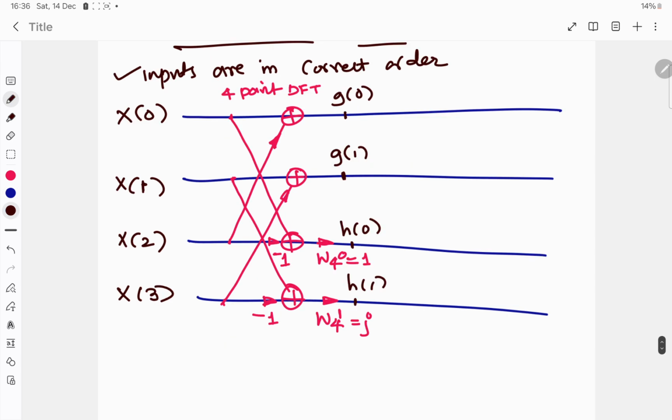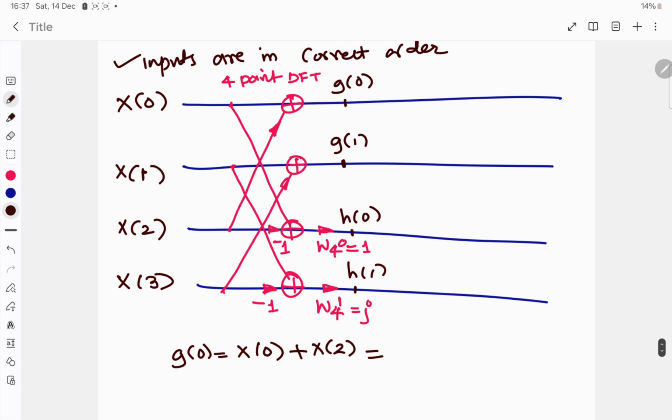Since it is inverse FFT, we follow the small letters g0, g1 for the first two and h0, h1 for the last two. We will try to find out the value of g0, g1. In this case, g0 is obtained by simply adding x of 0 and x of 2, and both coefficients are 1.